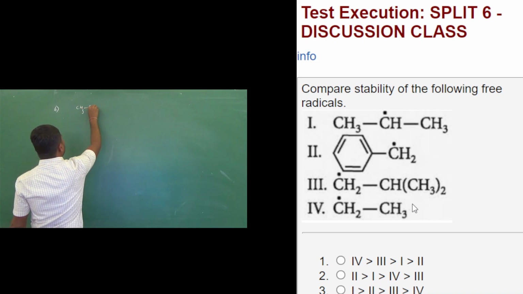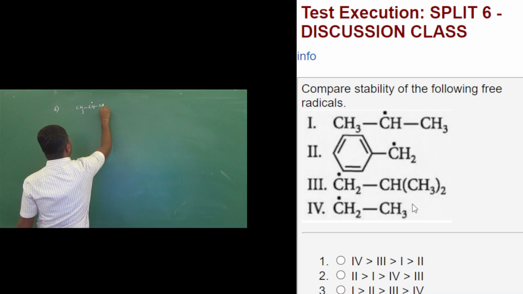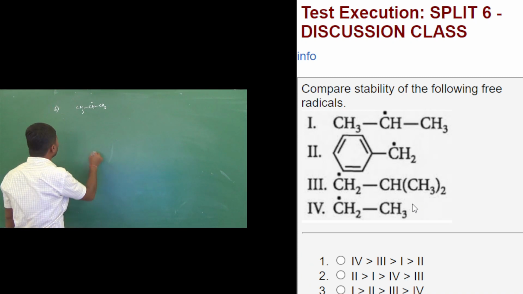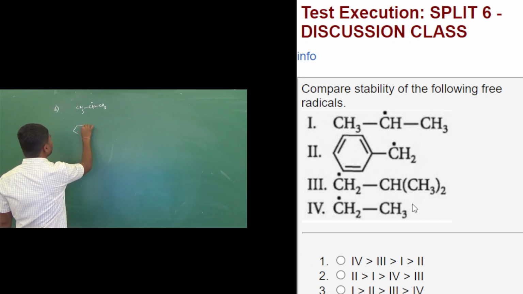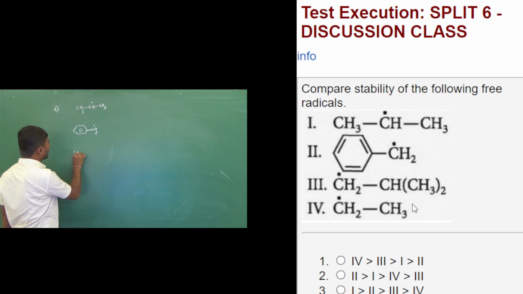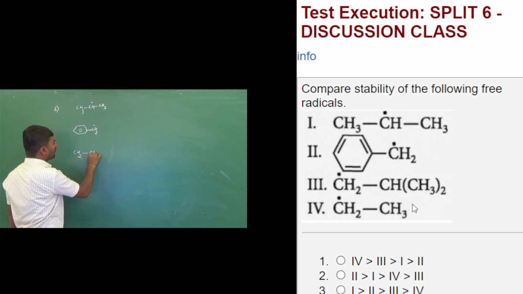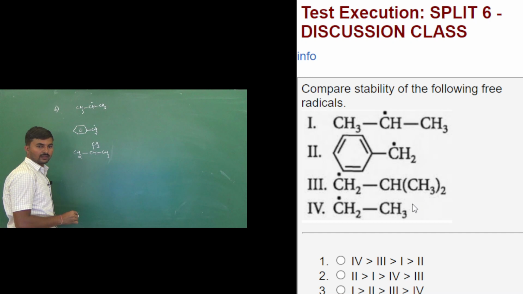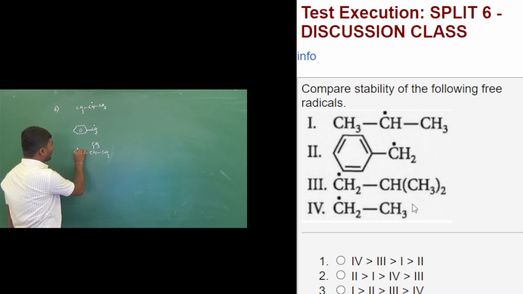CH3, CH, the isopropyl free radical, followed by the second one, the phenyl free radical, followed by CH2, CH, CH3, CH3, and the third one, the last one, is CH3, CH2 free radical.